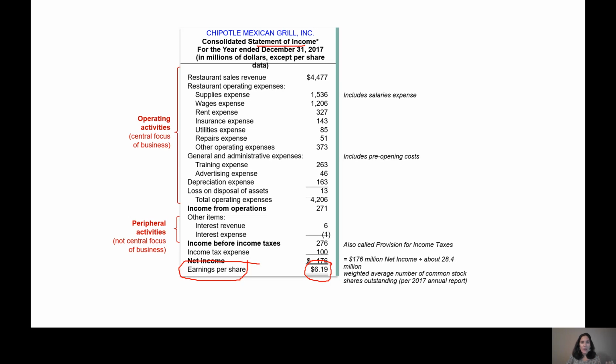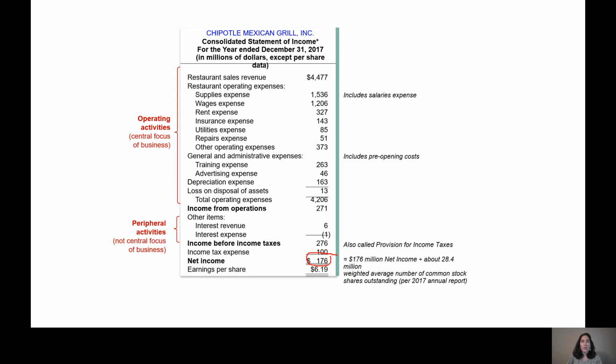So how do you get to the earning per share? You take the net income of 176, here it is, 176, and you divide it by the number of shares which are outstanding. What does it mean to have a share which is outstanding? It is a share that is in circulation, a share that belongs to an investor.